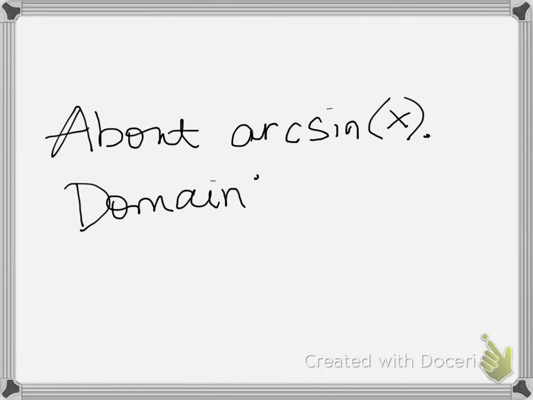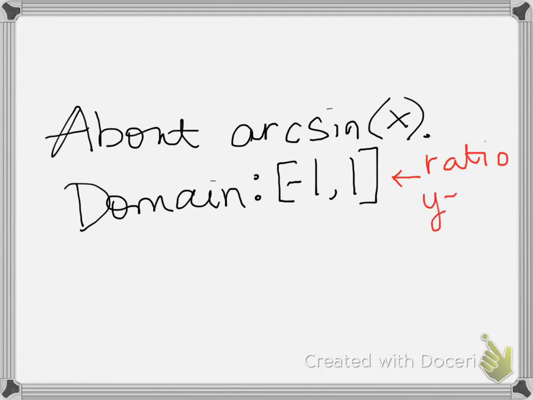So just a few notes about arcsin of x. The domain is from -1 to 1. This is a ratio. It's the ratio of an opposite over a hypotenuse, or I can also think of it as a y-coordinate. It is the output of the sine function. Okay, so the domain of arcsin of x is from -1 to 1.